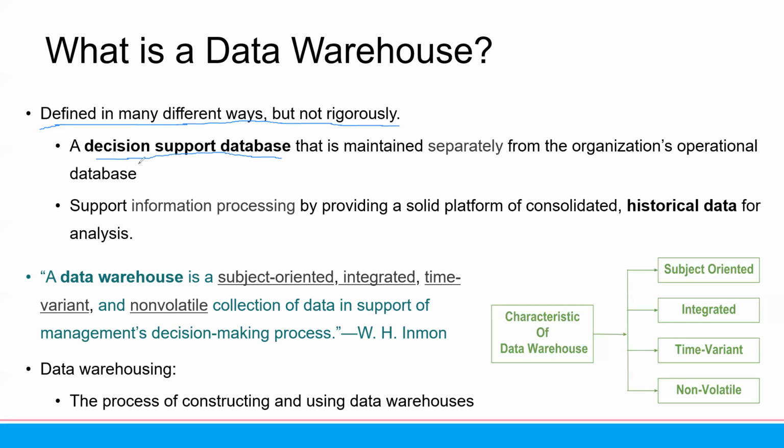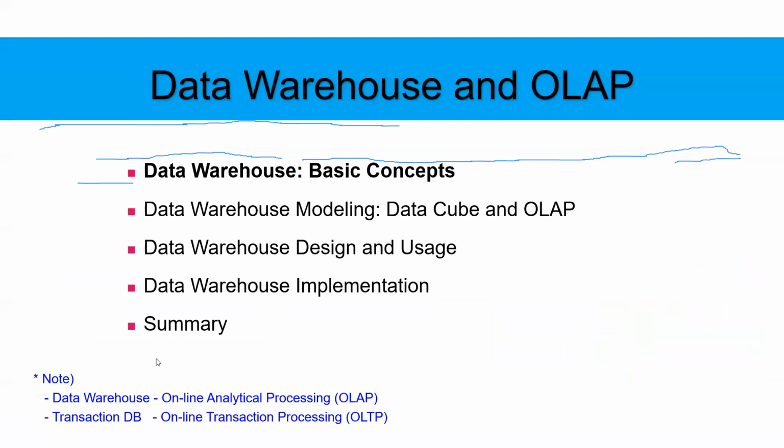The decision support database is maintained separately from the organizational operational database. So we have two, what we saw before: the analytical processing and the transaction processing. We need to separate the analytical and transaction.